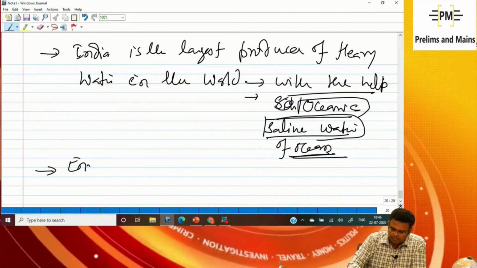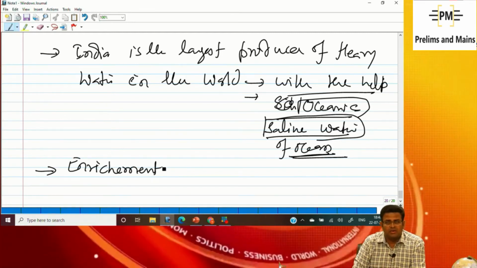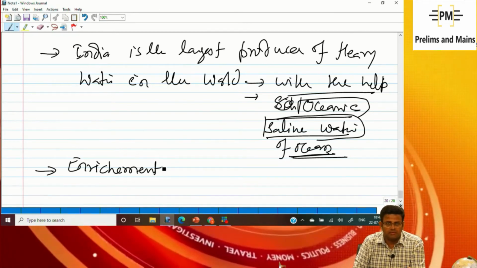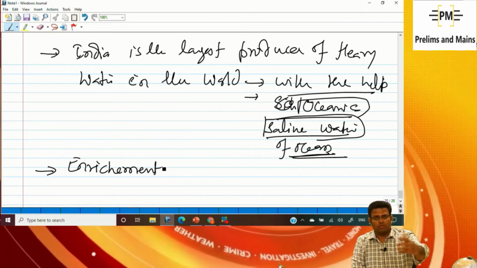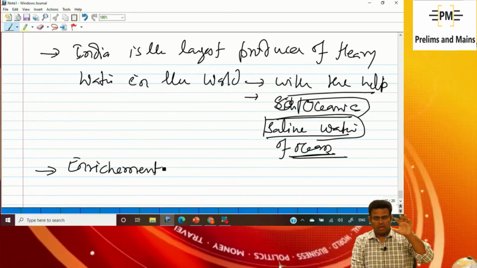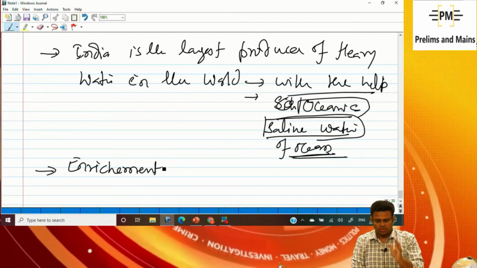Another thing I am talking about is enrichment. You know that yesterday I talked about the diffusion and centrifugal processes by which we enrich uranium 235 and keep increasing it, giving slightly enriched uranium, low enriched uranium, and high enriched uranium.